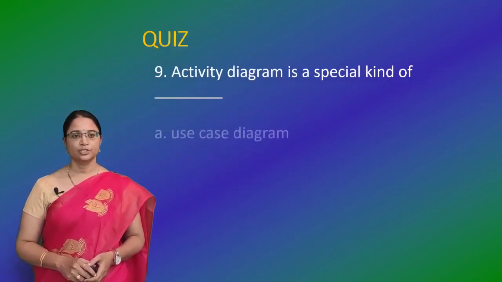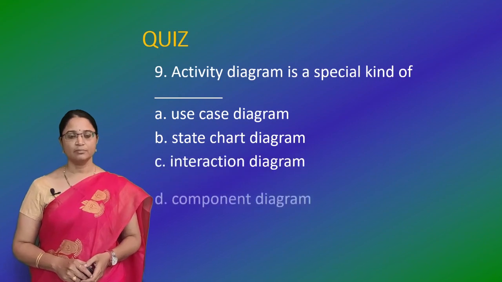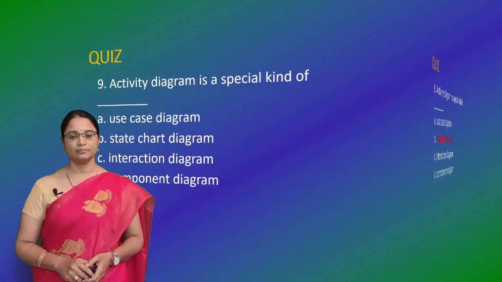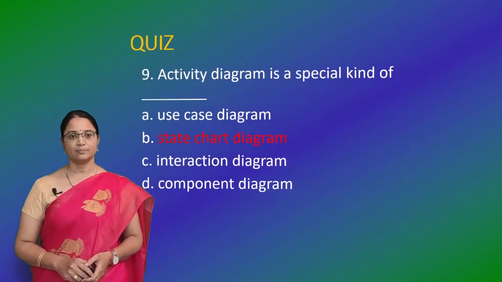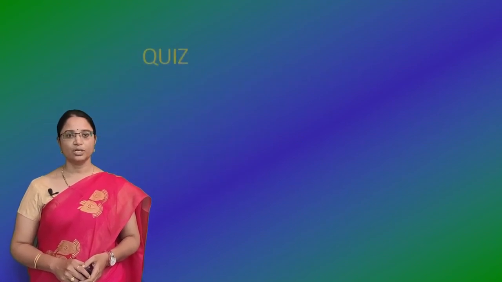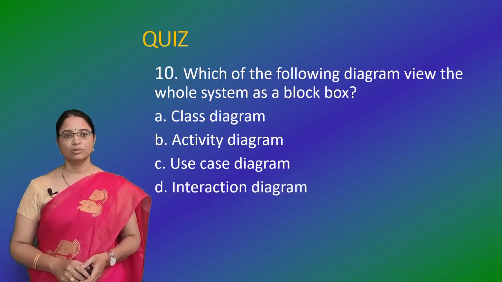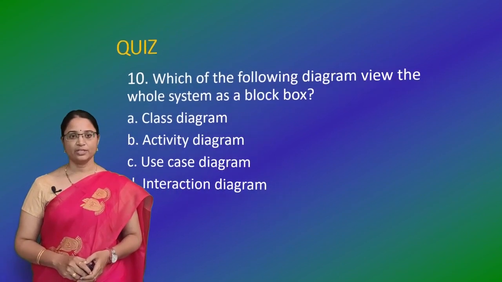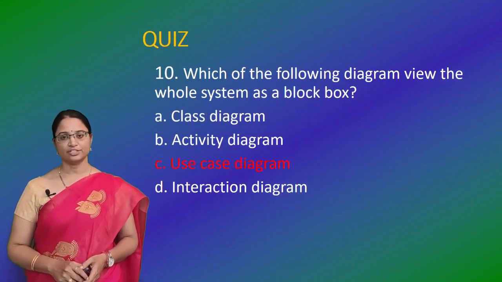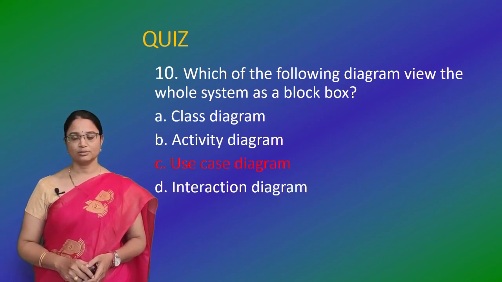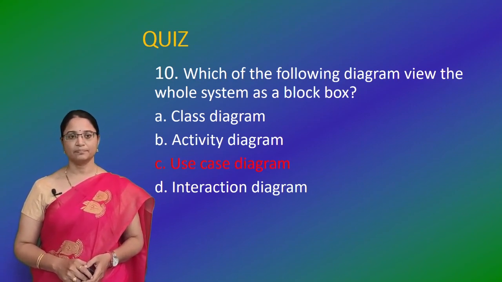Activity diagram is a special kind of dash. Use case diagram, state chart diagram, interaction diagram, component diagram. The answer is state chart diagram. Which of the following diagrams views the whole system as a black box? So, class diagram, activity diagram, use case diagram, interaction diagram. So, black box, that is nothing but use case diagram.